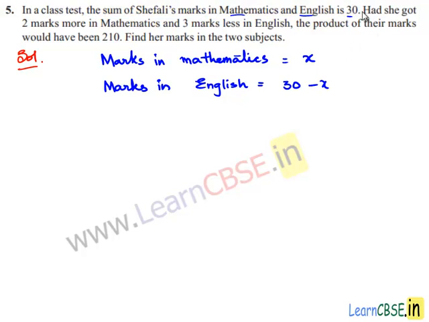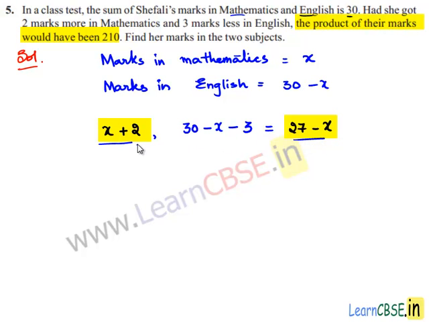Now the given condition is, if she had got 2 marks more in mathematics and 3 marks less in English, the product would have been 210. So 2 marks more in mathematics is nothing but X plus 2, and 3 marks less in English is nothing but 30 minus X minus 3, which is equal to 27 minus X.